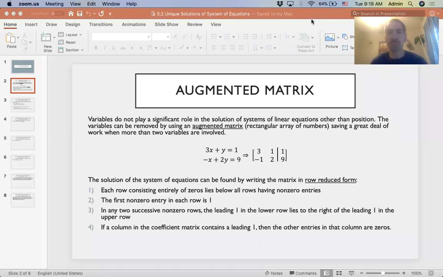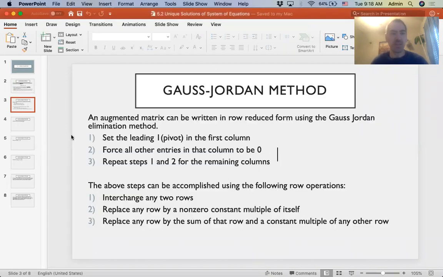Okay, so let's take a look at the method for writing this matrix in row-reduced form. This is what's referred to as the Gauss-Jordan method, or the Gauss-Jordan elimination method. This can be used when we want to write the augmented matrix in row-reduced form.